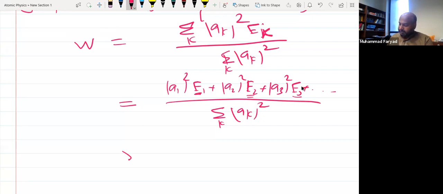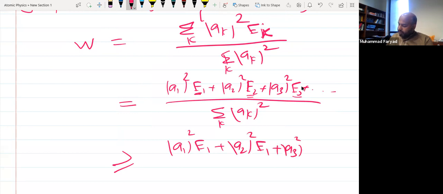So this is always equal to or greater than what we get if I replace e2 with e1, e3 with e1, so I write a1 mod square e1, a2 mod square e1, a3 mod square e1, and so on. I replaced all energies with only e1. So this term is now smaller, because I replaced the bigger energies with smaller energies.